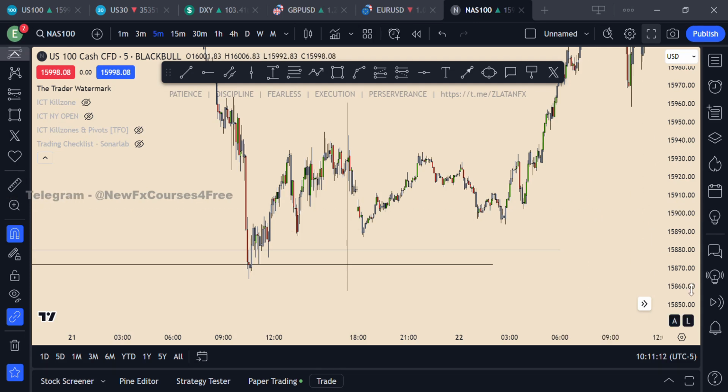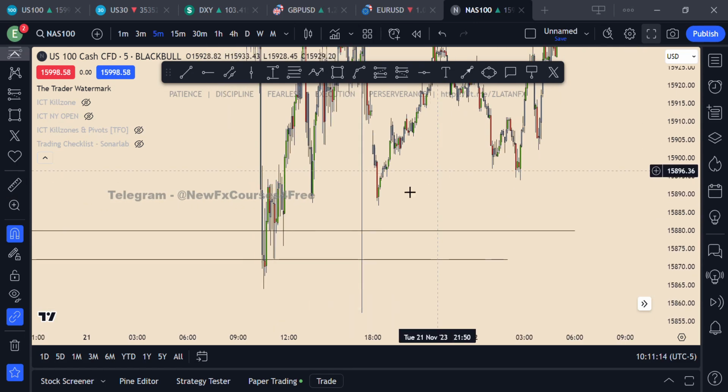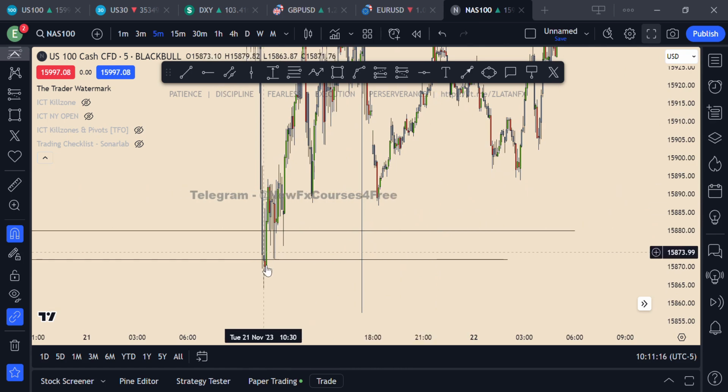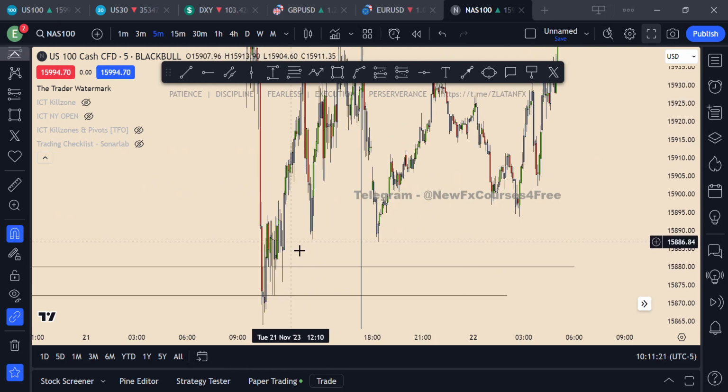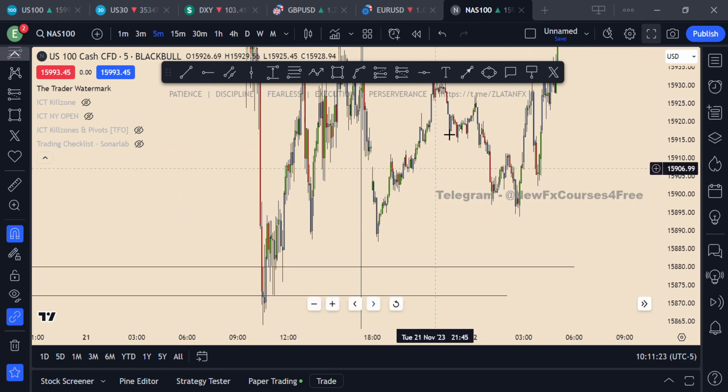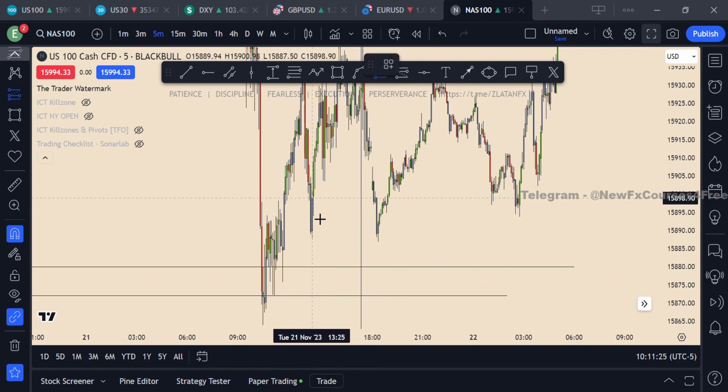So this one is not really clean, but let me use this. When price tagged this guy right here, you might have seen this displacement and you might have entered here immediately. Price came back right here, right?